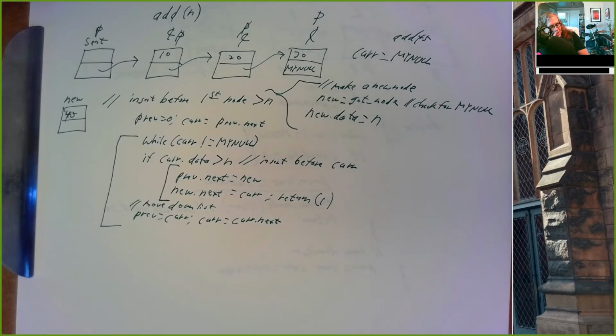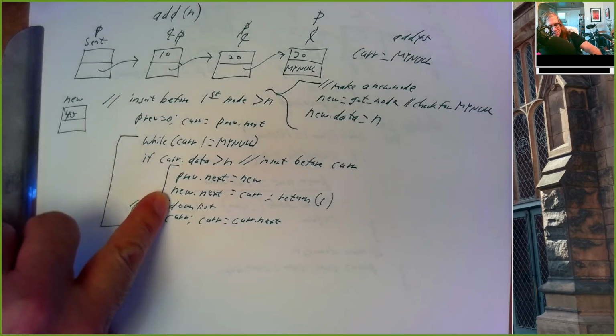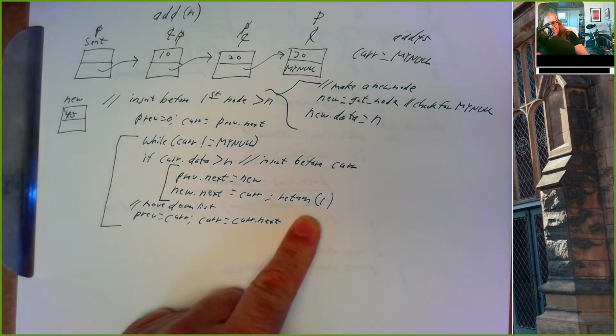And that's probably going to work. But as soon as current data is bigger than new dot data, this if statement is going to fire, and I'm going to kick out of my whole function at that point.